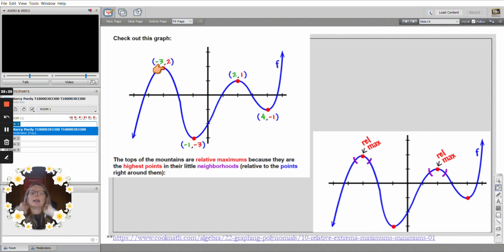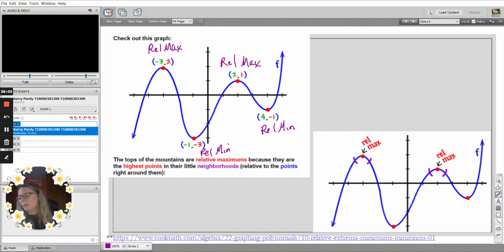And then these 2 points would both be considered relative minimums because they are the bottoms of the valleys. So even though the one is lower than the other, they're still both considered relative mins. So you have a relative max, a relative max, and then a relative min and a relative min.